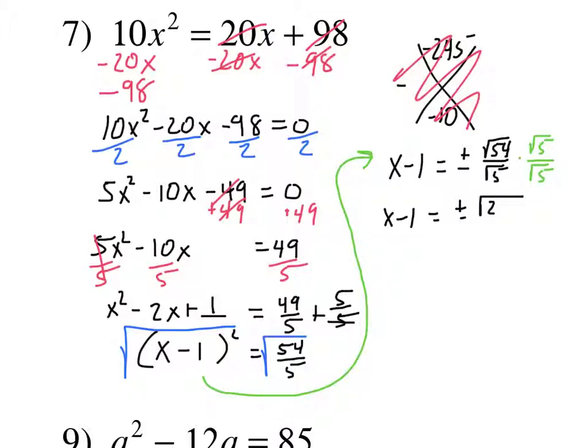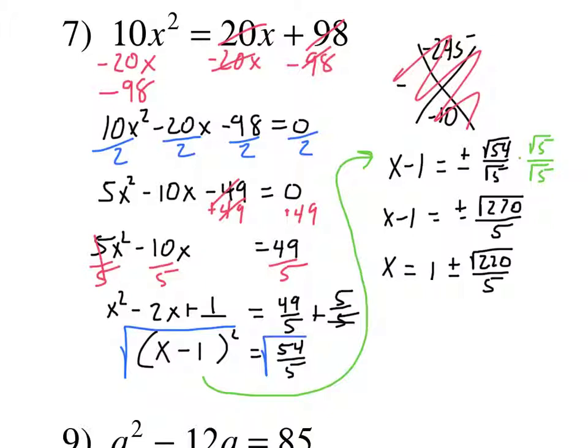Yeah. 270 over 5. Because the square root of 5 times the square root of 5 is the square root of 25, which is 5. So lastly, we're going to add 1 to both sides. So x equals 1 plus and minus the square root of 270 over 5.